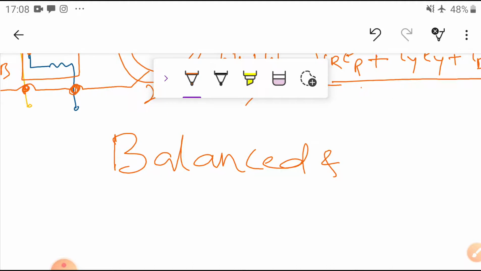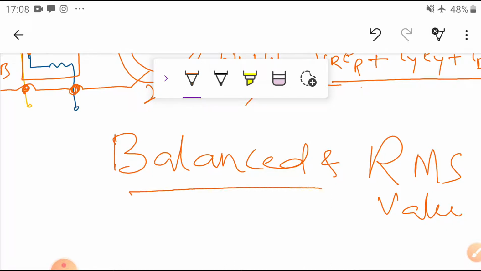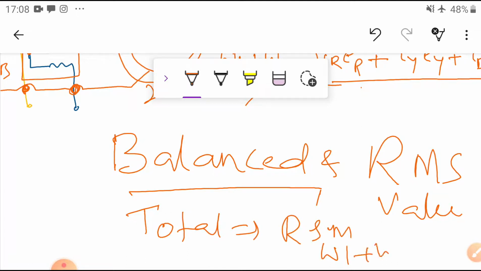I want the RMS, root mean square, power values. If the load is only balanced, I want to note the total power in terms of RMS values, in W1 plus W2.